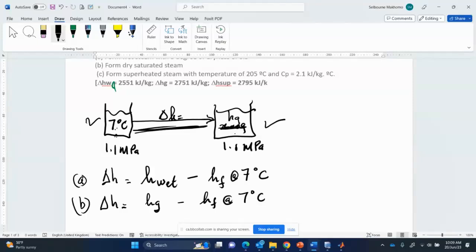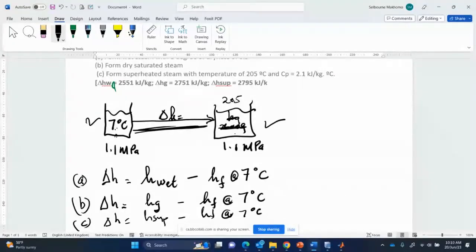The last one. Now here we have superheated steam. The temperature of that steam is 205. The question says, calculate the amount of heat required to transform that water from 7 degrees Celsius to 205 degrees Celsius superheated steam. Again, delta H is going to be H superheated minus HF at 7 degrees Celsius.